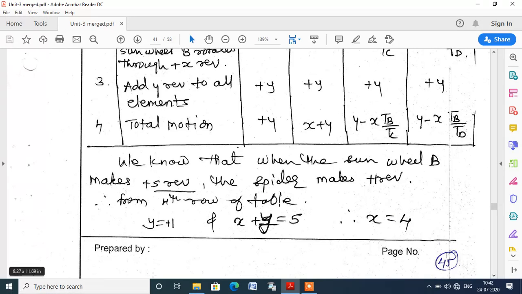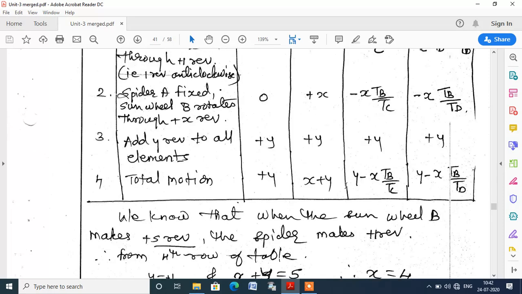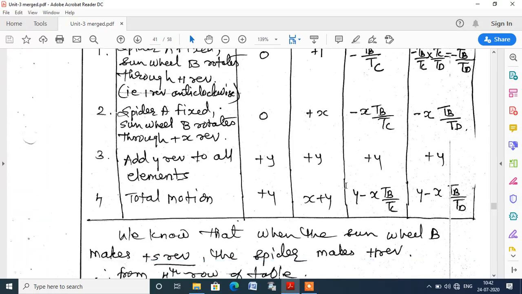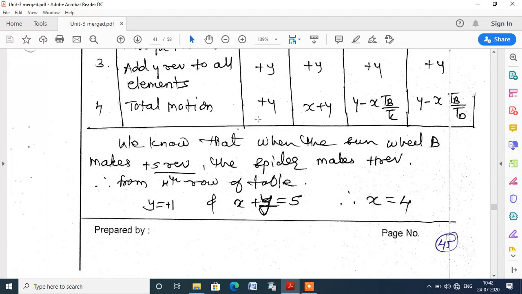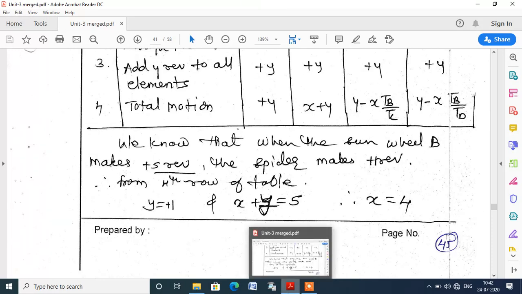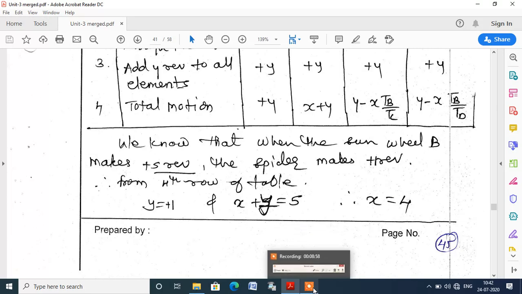Now here we know that when the sun makes 5 revolutions, the spider makes 1 revolution. Correct? So we can write from this: the revolution of spider is y, and the revolution of sun is x plus y. So y makes 1 revolution, whereas sun makes 5 revolutions.